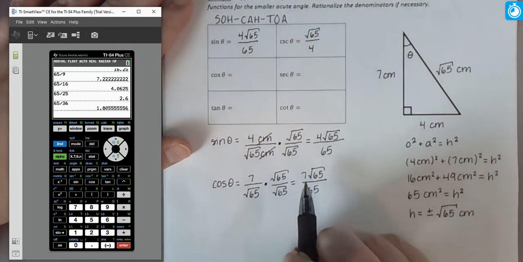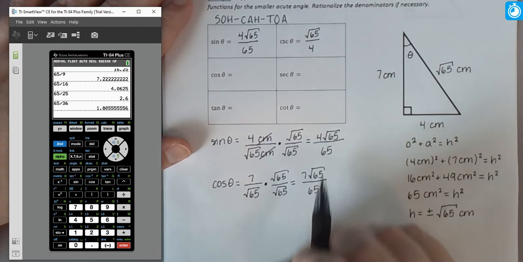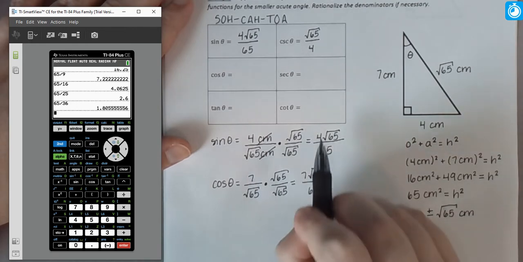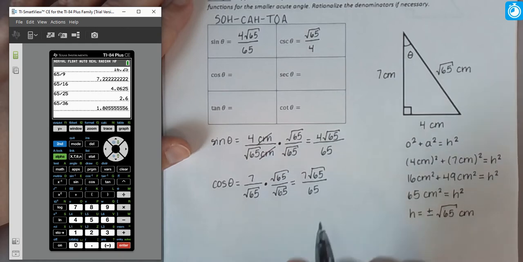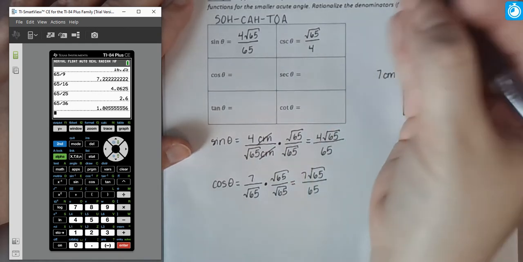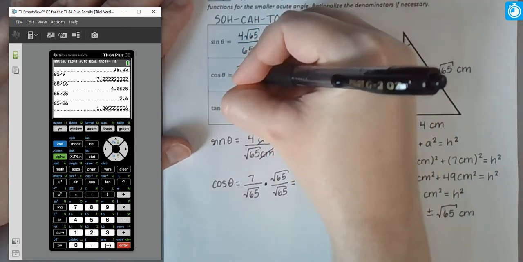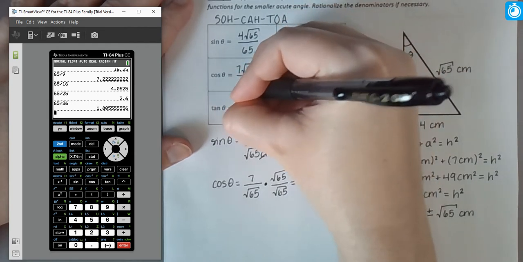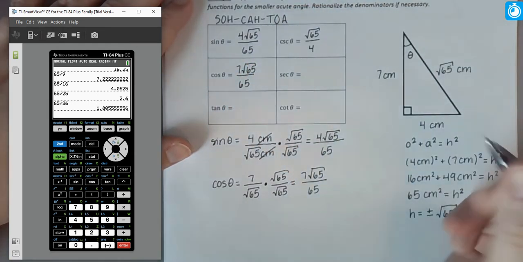It's also worth mentioning that potentially we may have a common factor among the rational parts of this expression. So 4 and 65 or 7 and 65. If we do want to divide that out before we report our final answer. In this case, we don't have any common factors, so we don't need to worry about that. So 7 root 65 over 65.